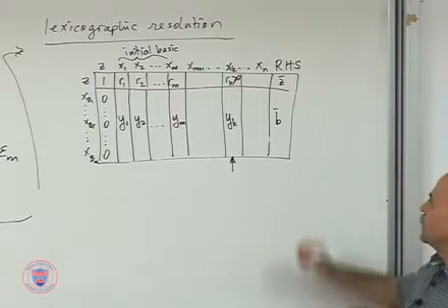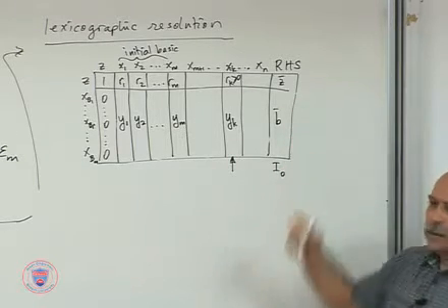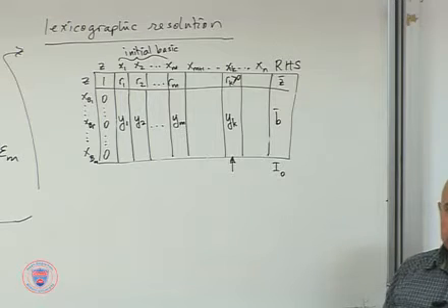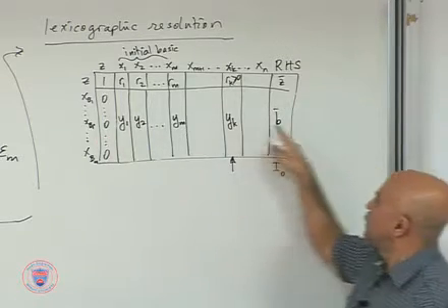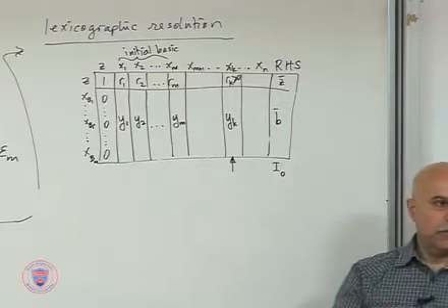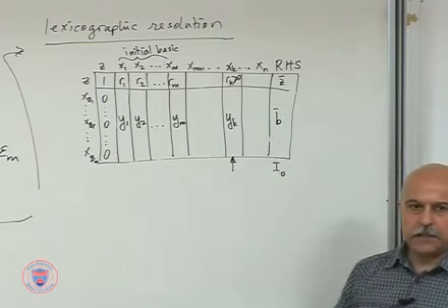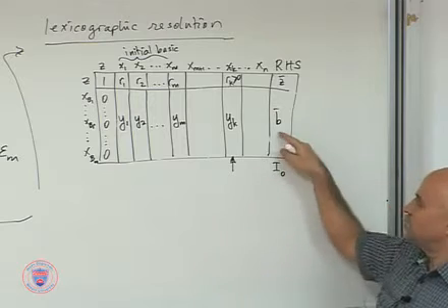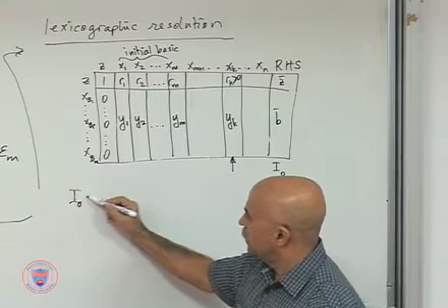So what we do is we initially use the current right-hand side column to identify those row indices which qualify for the minimum ratio. So I sub 0 is the set of row indices for which the minimum ratio is attained. Let me write that down.